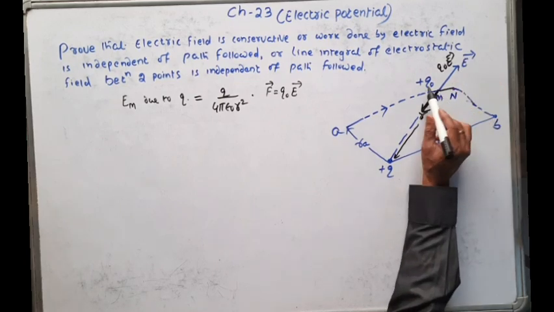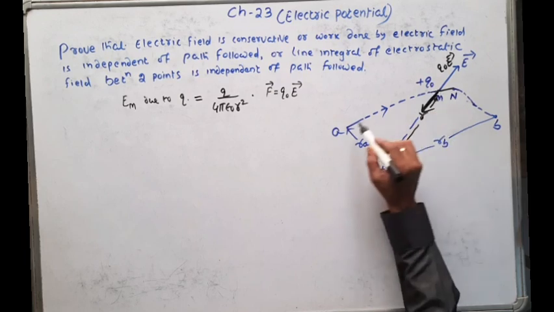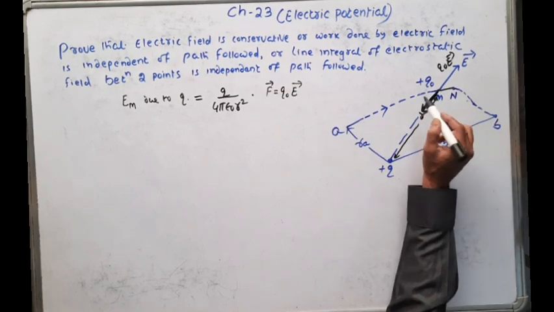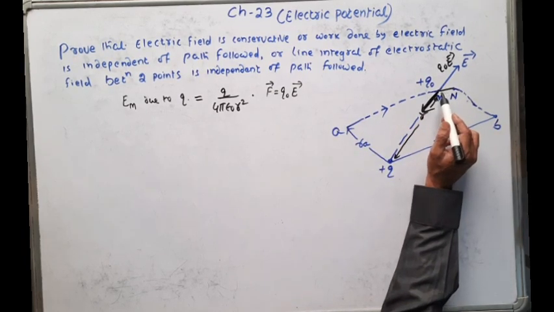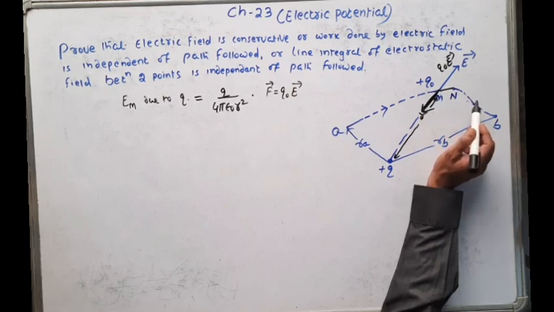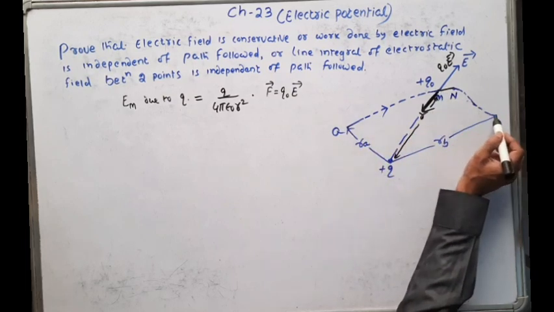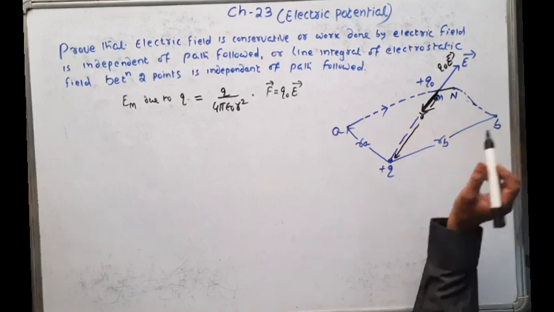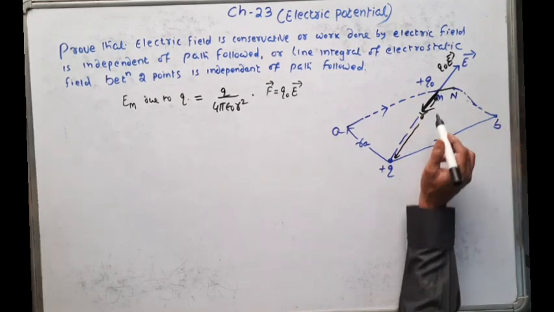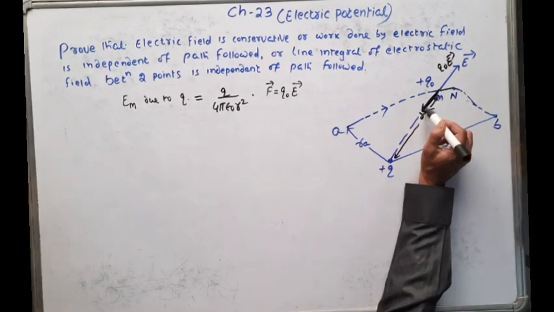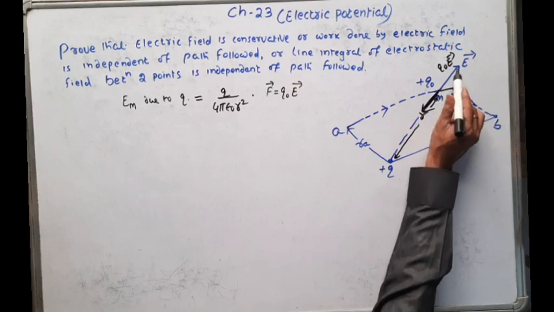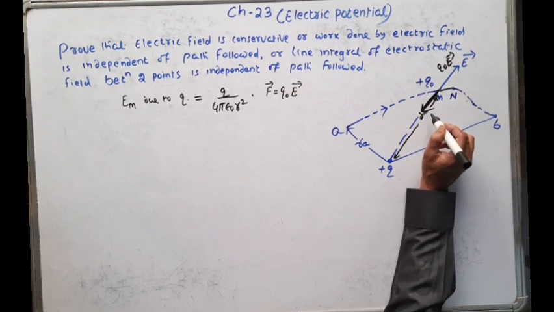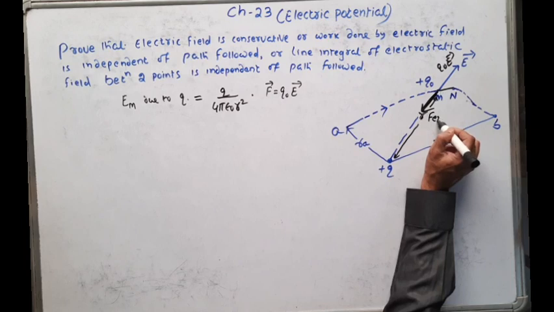But I want to carry q naught from A point to B point without acceleration, that means with constant velocity, so that from A to B there will be no change in kinetic energy. For that, I have to apply some external force opposite to q naught E. So this is the external force.